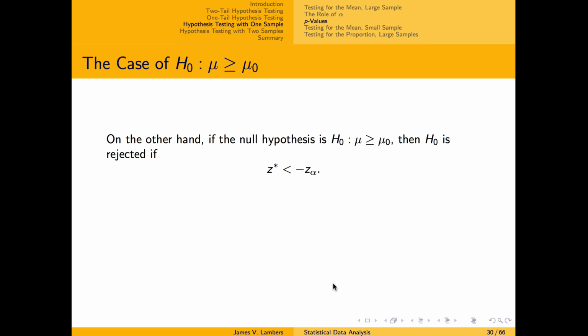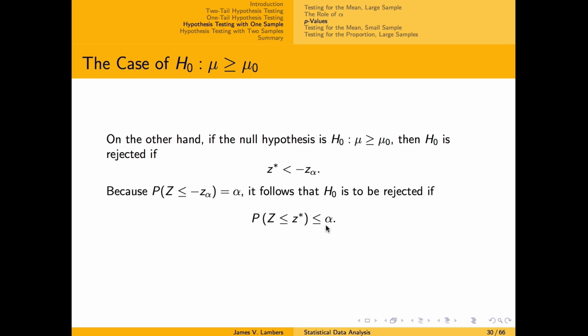Now we consider a case in which the null hypothesis is H0, mu is greater than or equal to mu naught. In this case, we reject H0 if z star is less than minus z alpha. From the symmetry of a normal distribution, we know that the probability that capital Z is less than or equal to minus z alpha is equal to alpha.